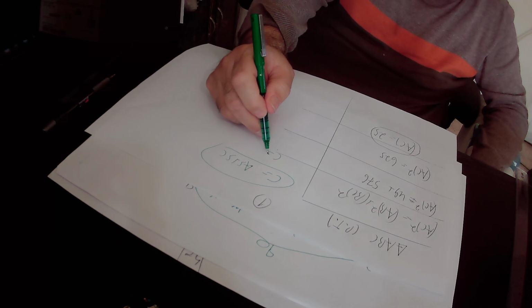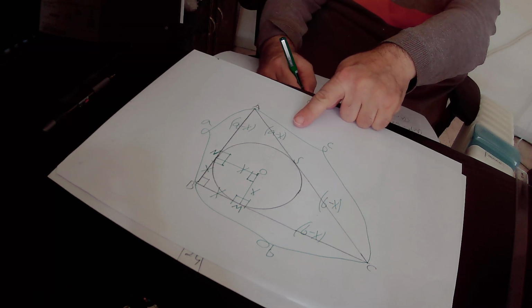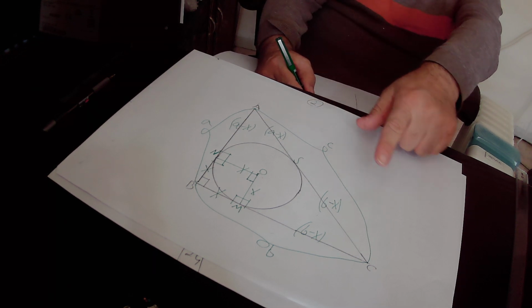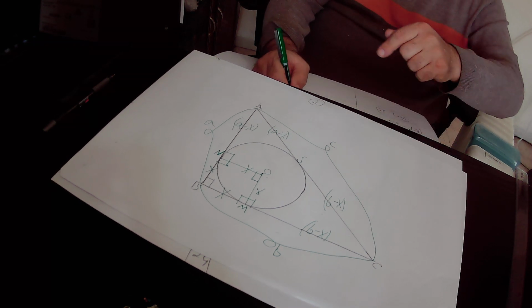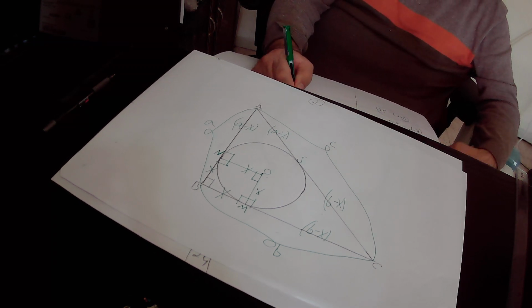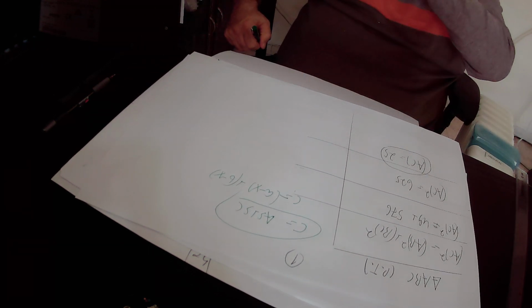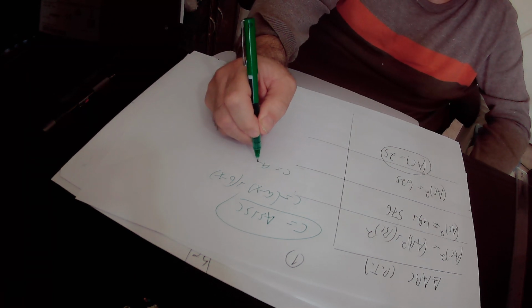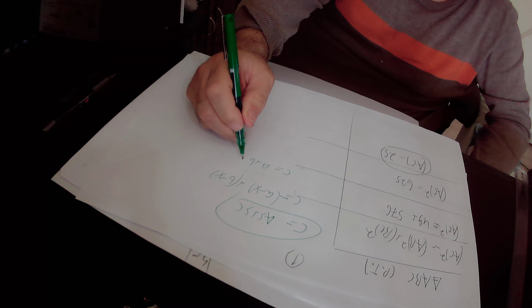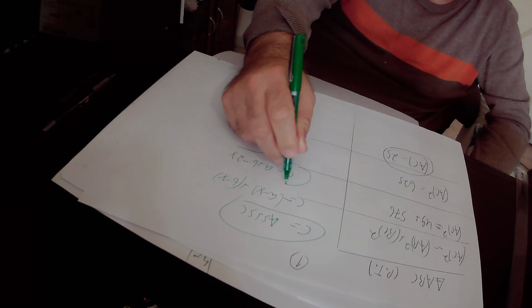That is to say, c equals AS, which is a minus x, plus SC, which is b minus x. So in conclusion, we found out that c equals a minus x plus b minus x, or c equals a plus b minus 2x.